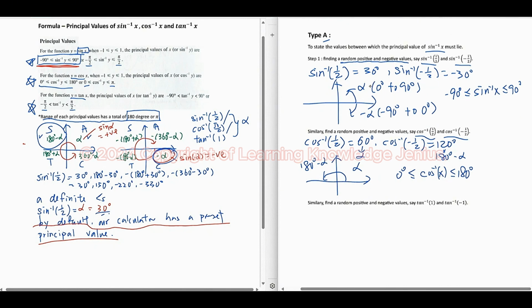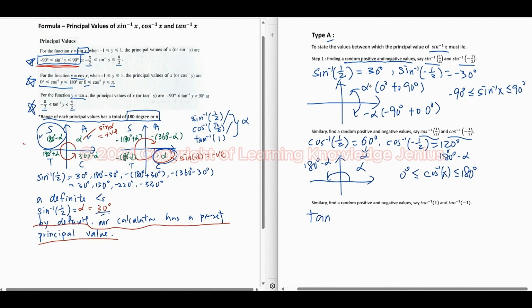The other one maybe tangent. For example, tangent, you get this one, 45 degree. All these you can punch in the calculator, so it can give you a hint. Of course, you randomly write a positive value or negative value to help you figure out the range. For this one, you get negative 45. Quite similar to the sine, the 45 degree is when you get this direction, and the negative 45 is when you get this direction.